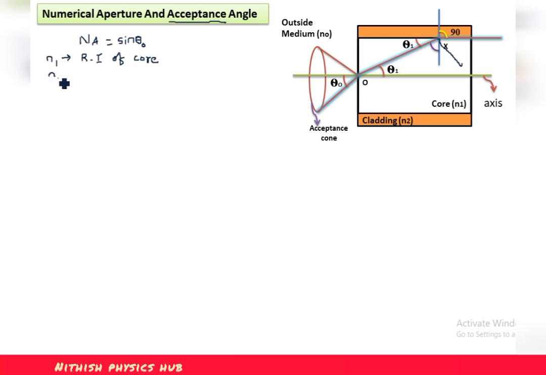So n2 is the refractive index of the cladding in the optical fiber. The surrounding medium where the optical fiber is placed is considered n0, which is the refractive index of the surrounding medium.